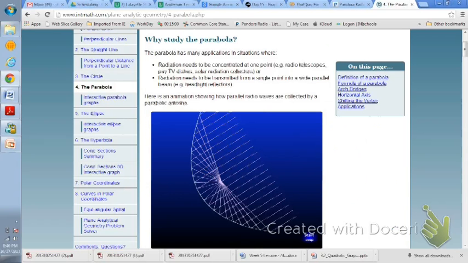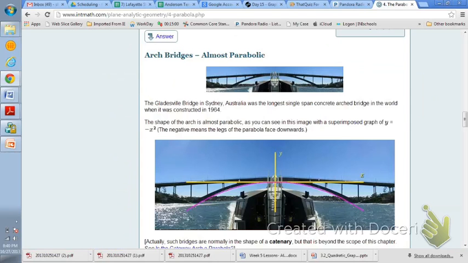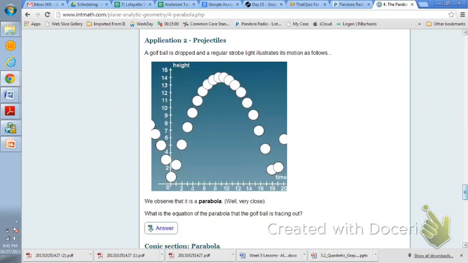So why do we even care to learn about a parabola and the vertex? Well, parabolas are used in everything from satellite dishes, radio telescopes, dishes like TV dishes, and solar radiation collectors. We also have parabolas in bridge making and any type of projectiles.